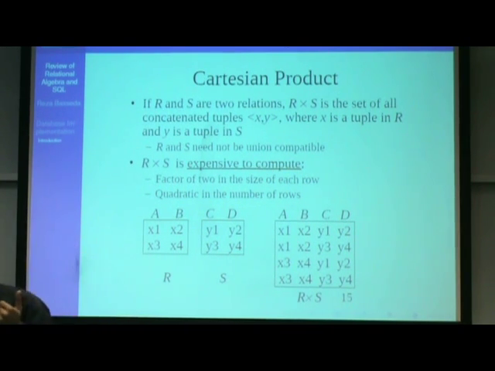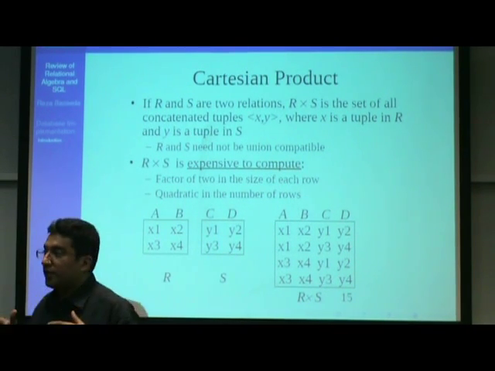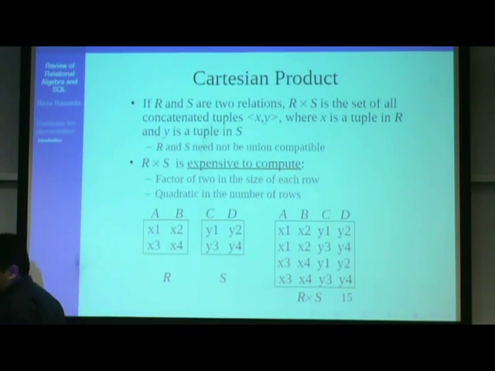This operator does not require the two relations to be union compatible. Although Cartesian product is a set operation, it does not require those two sets to be union compatible.